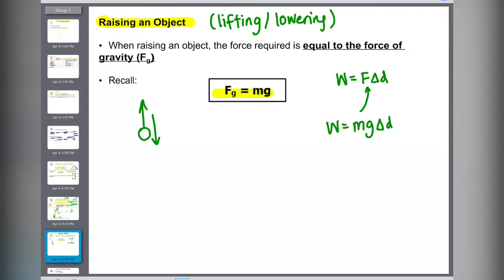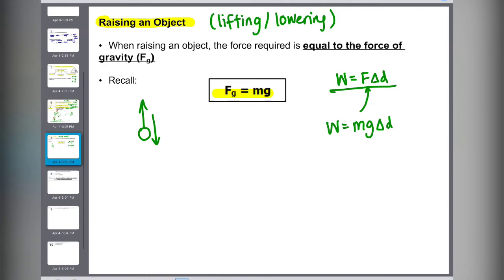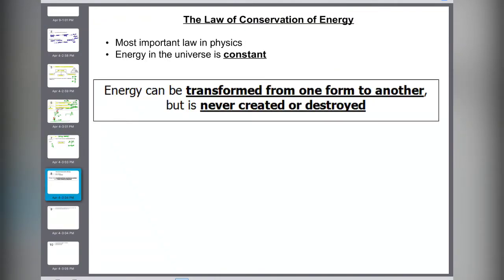It's M times G delta D if I'm lifting, okay? But you can just always start out with this, knowing that FG is M times G because you already learned that.